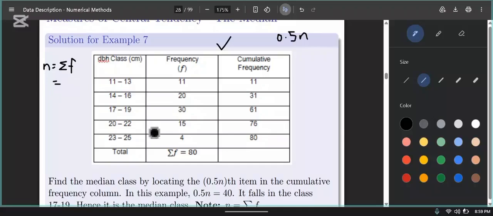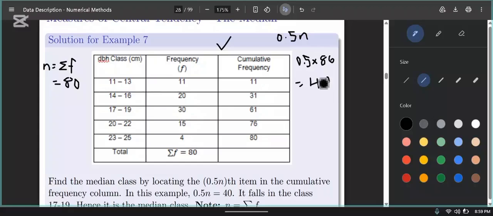So what's the sum of f? It is 80. So you say 0.5 times 80, you get 40. So this 40 will help us to find the median class.